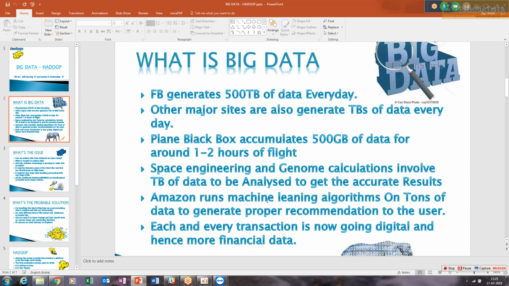So the size, or the velocity, is what we call the triple V's of big data.